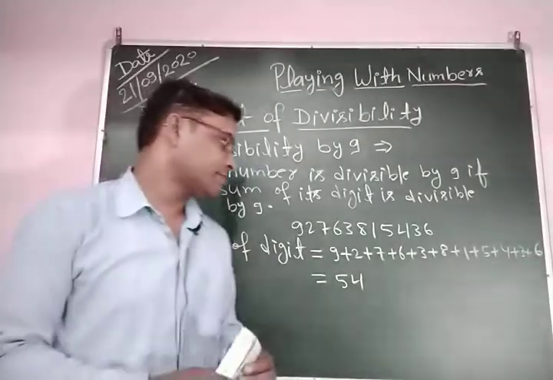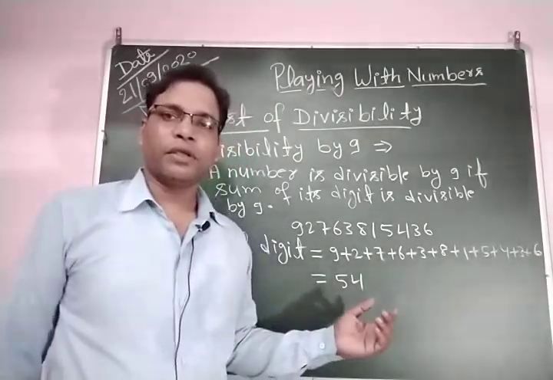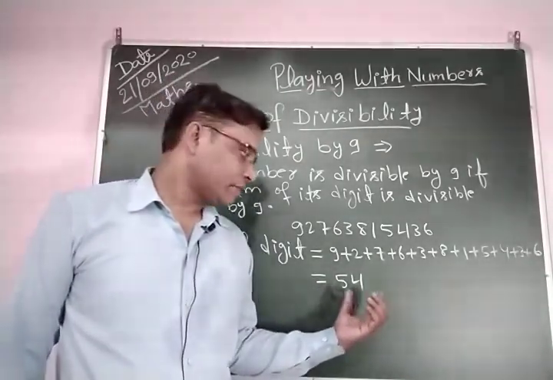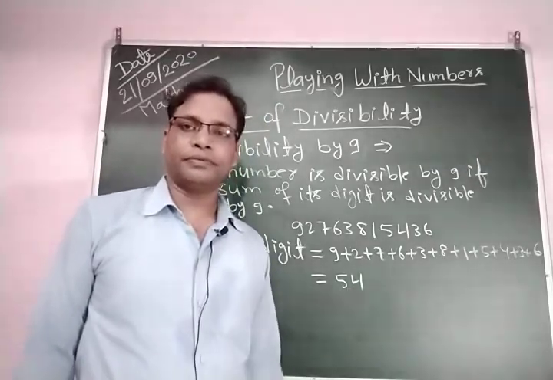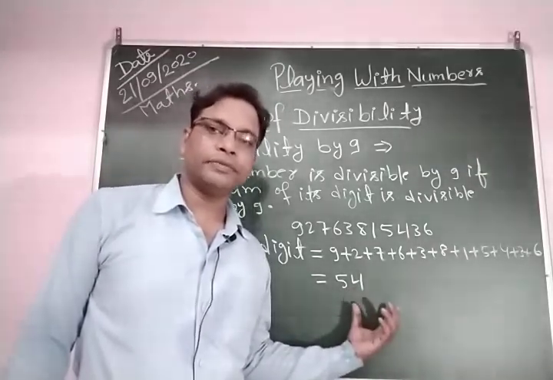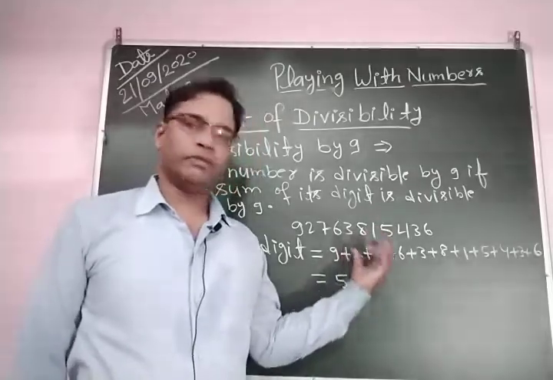Now 54, you know very well, 54 is divisible by 9. It means that this number is divisible by 9.